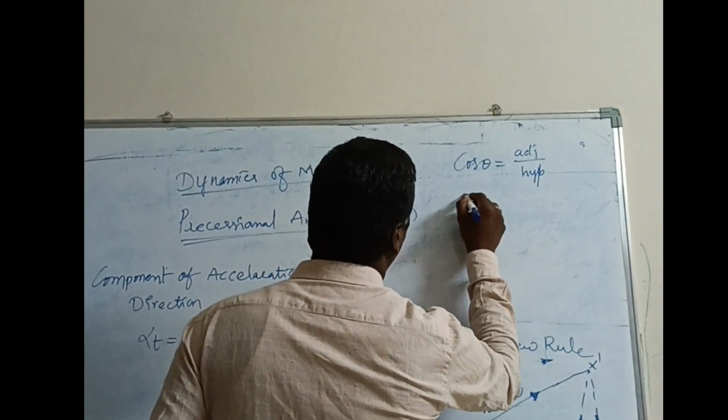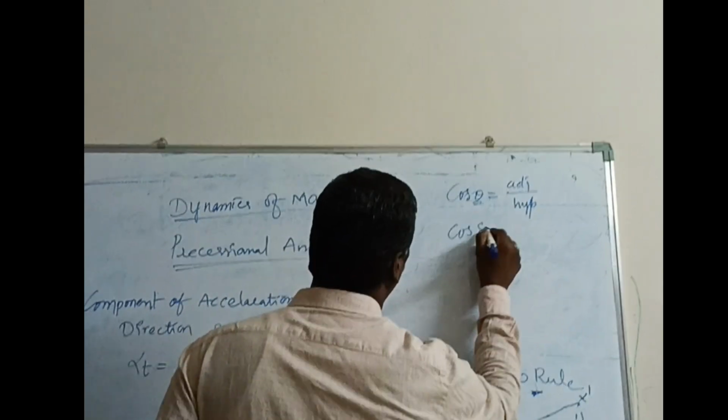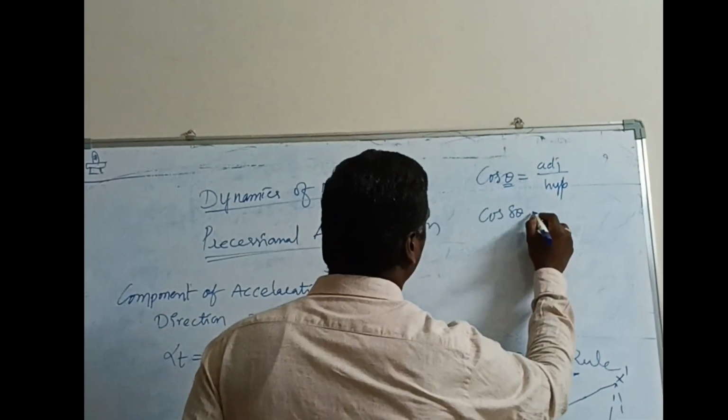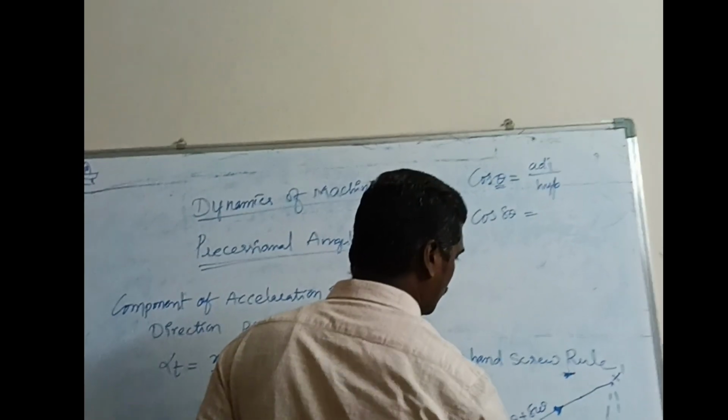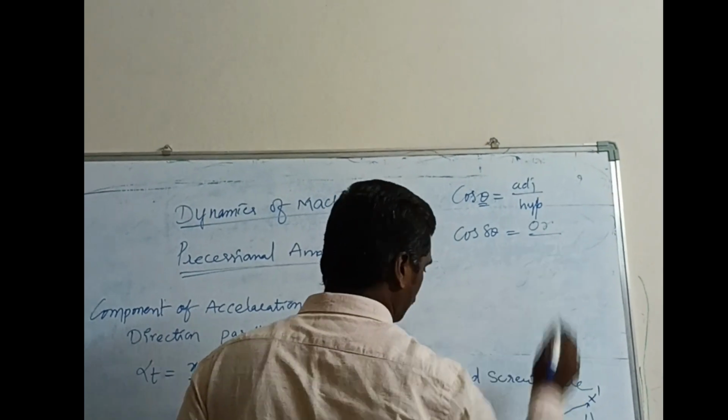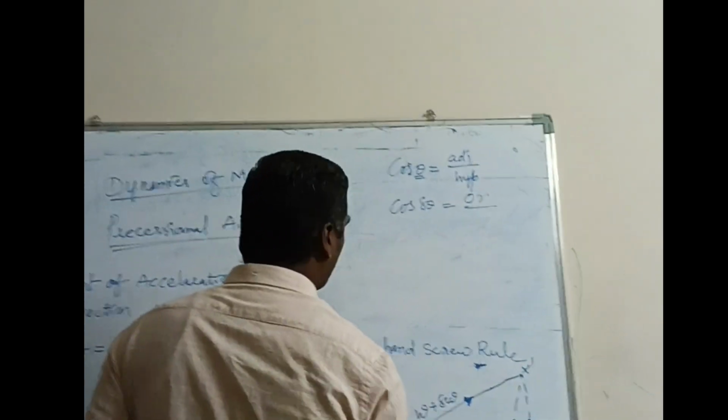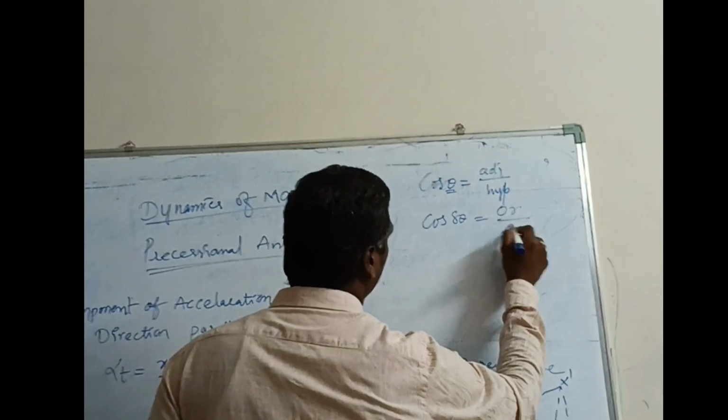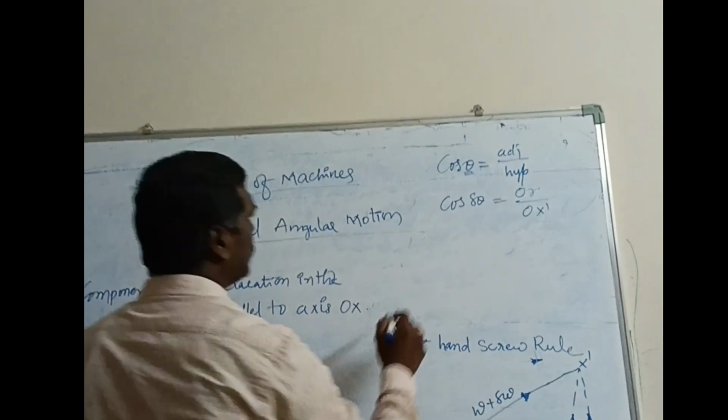Here theta is the small angle delta theta, the adjacent side is OR, and the hypotenuse is OX dash.